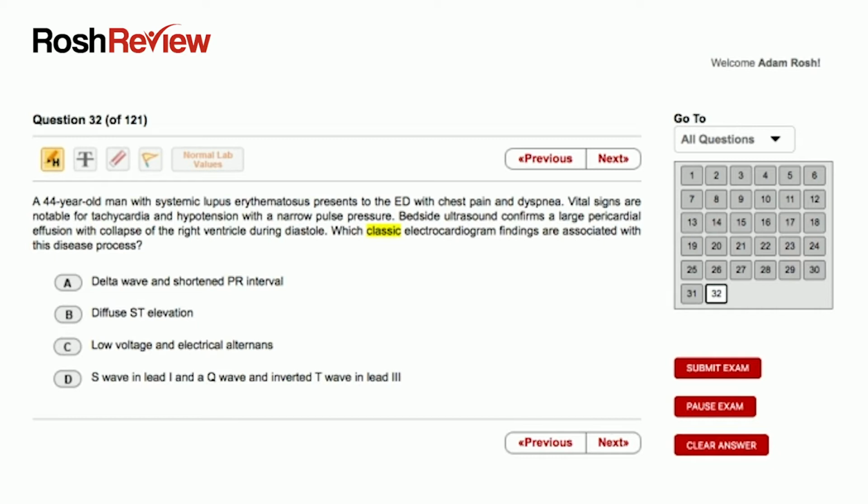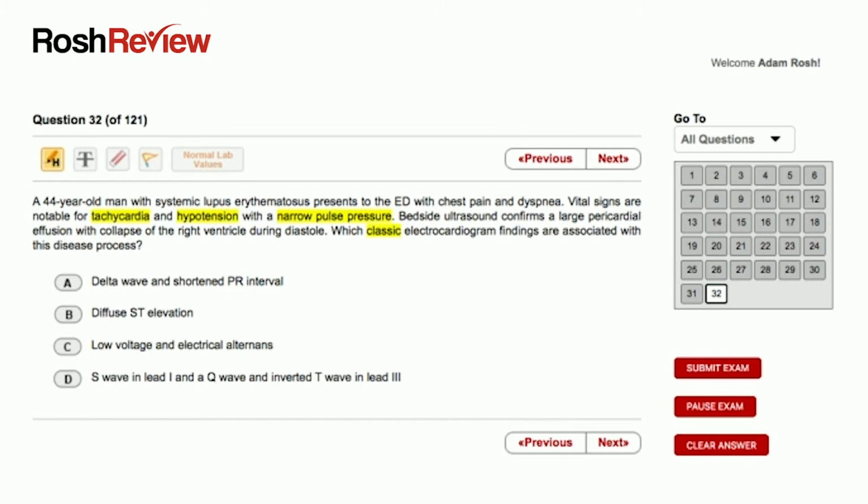There's a few important things to pick out. If we look at the vital signs here, there are some insights which are going to be helpful. So the patient has tachycardia and they have hypotension. So this is a significant process, whatever it is here. Then they have a narrow pulse pressure, and that is a critical finding.